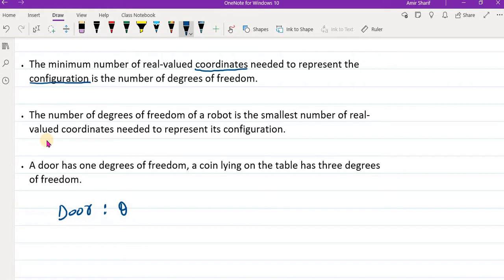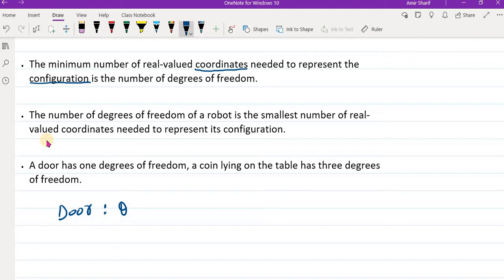So this is its configuration. Now if the door can be represented by theta, the definition of degrees of freedom says that the coordinates needed to represent the configuration is the number of degrees of freedom.